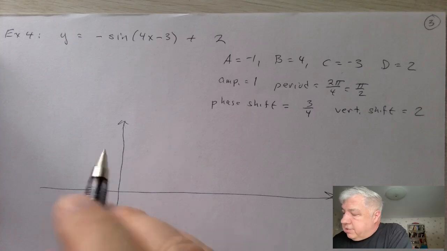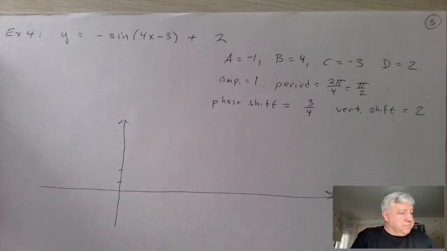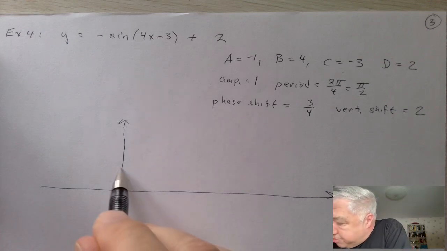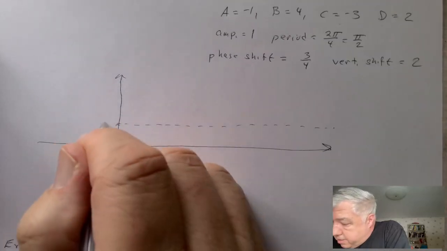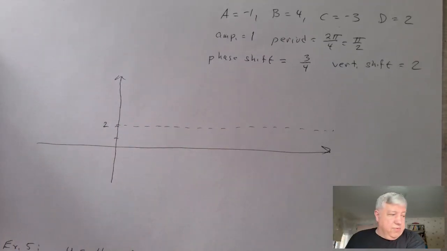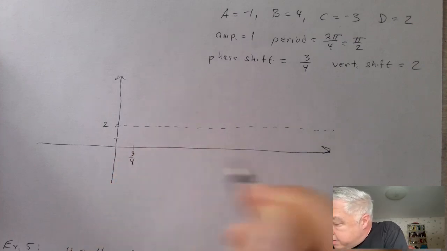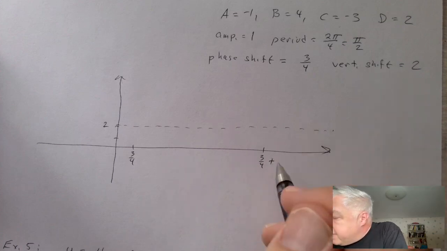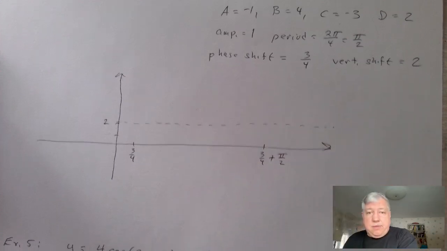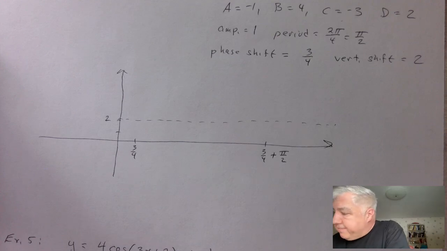All right, so first, the vertical shift is 2, so we will have this vertical line at 2. And the phase shift is 3/4, we said. And here's 3/4 plus the period, pi over 2. So that's one cycle. Let's plot some points.